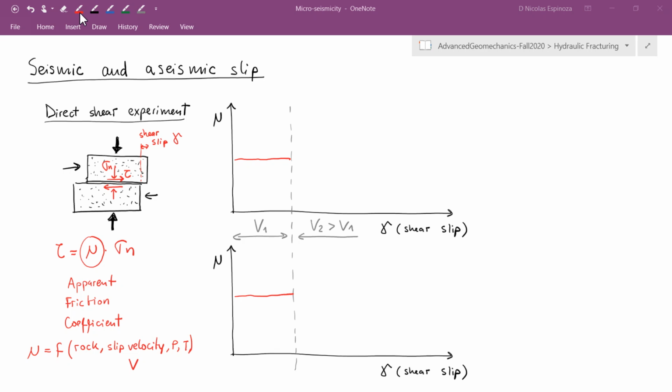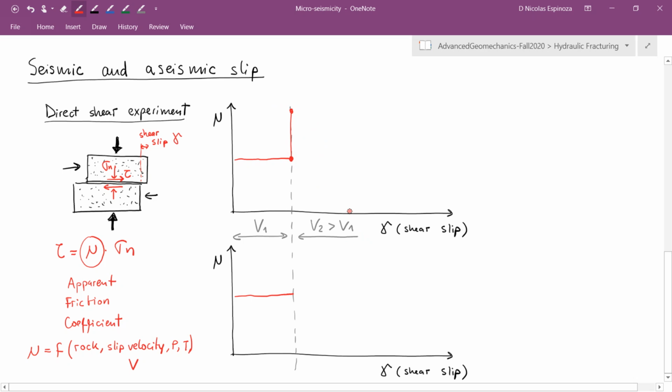And depending on the rock and the conditions that I have, basically I can group this response in two. First, when I increase the velocity, very often, almost always, I'm going to see an increase of the apparent friction coefficient, an immediate increase. So this friction coefficient mu is going to increase.